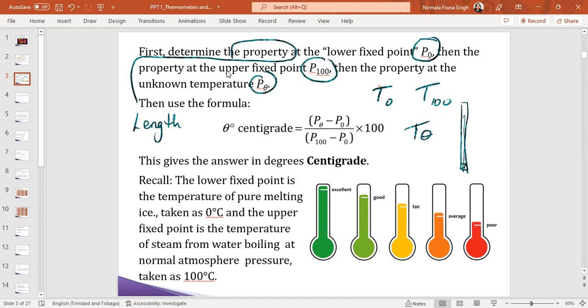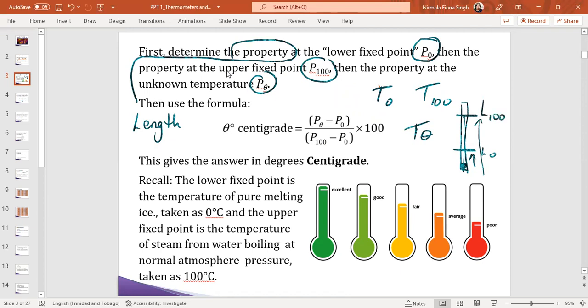So how they define this, they determine where your length will be at 0 degrees Celsius. Then we determine where our length would be from the bottom. Then we determine where our length would be at 100 degrees Celsius.